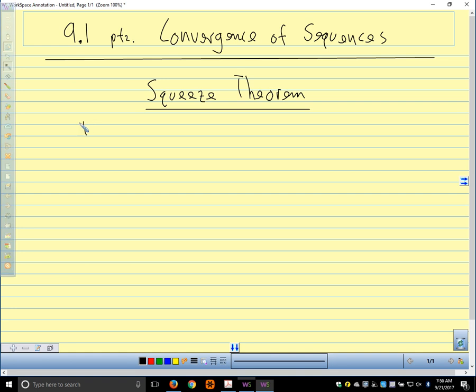So what we're going to say for the squeeze theorem is if we have some sequence that converges, so this limit as n approaches infinity of a sub n is some limit L, and that also equals the limit of some other sequence, b sub n.